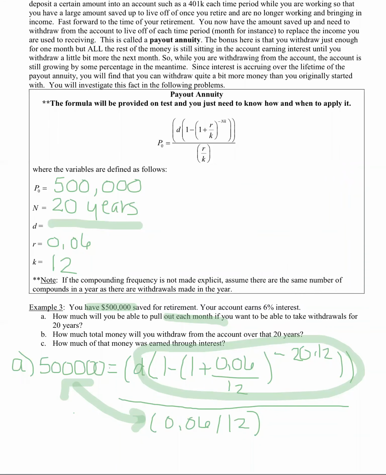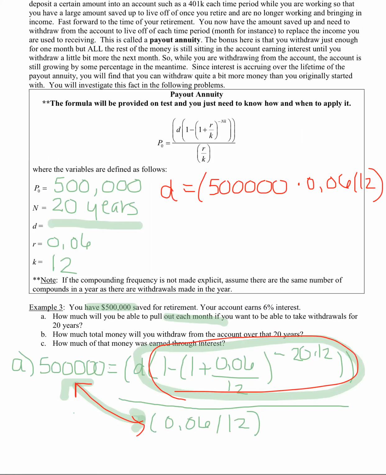So if I do that, then I get D equals that 500,000 times 0.06 divided by 12. So that's multiplying this component and then dividing by all of this piece. So I divide by 1 minus (1 plus 0.06 divided by 12) raised to the negative 20 times 12.